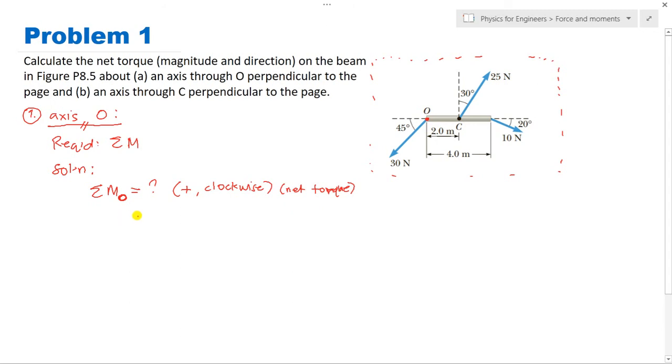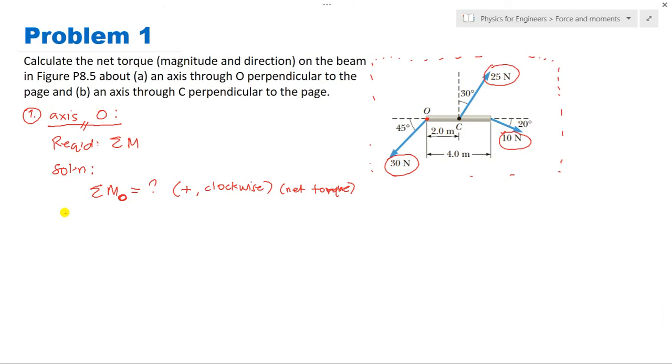What forces are interacting? We have three: 30 newtons, 10 newtons, and 25 newtons. Is the 30 newtons included in our moment along O?